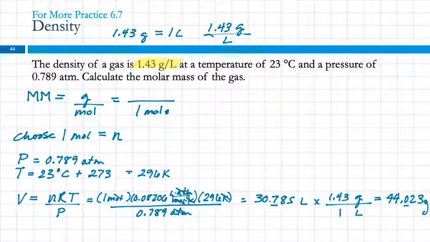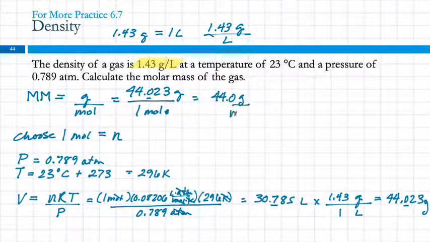So the mass is 44 grams. And so that just is 44.0 grams per mole. But this is the problem-solving thing again.